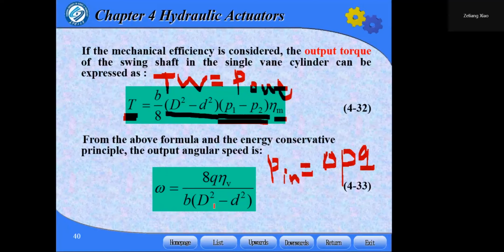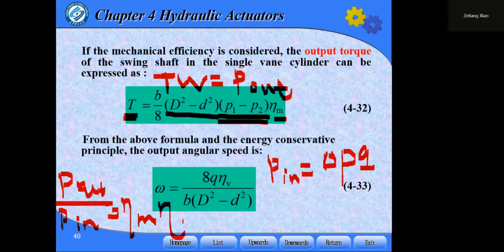The ratio of P out to P is the mechanical efficiency multiplied by the volumetric efficiency.